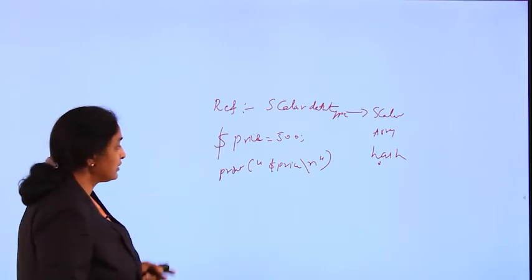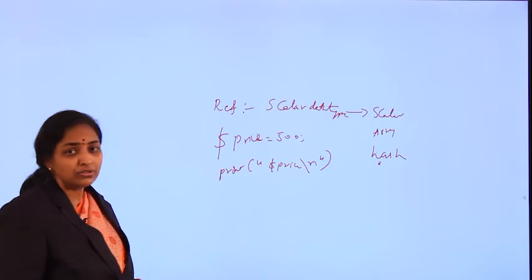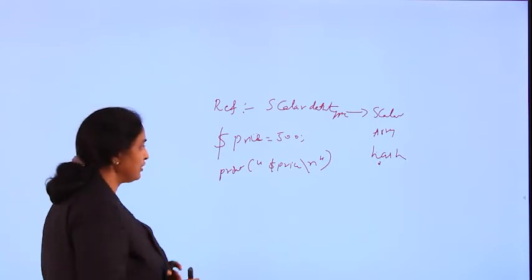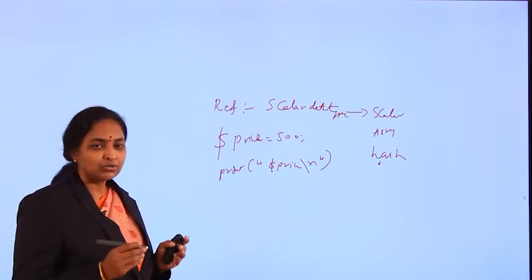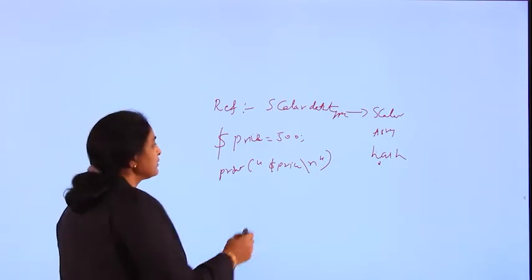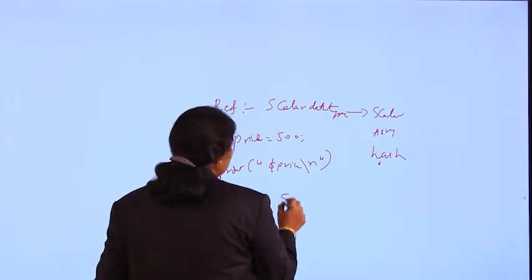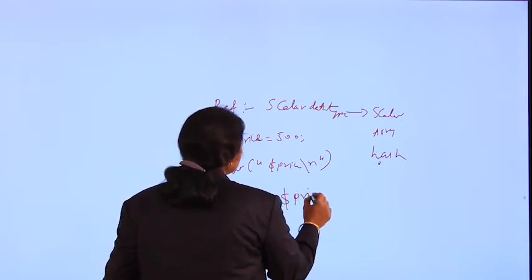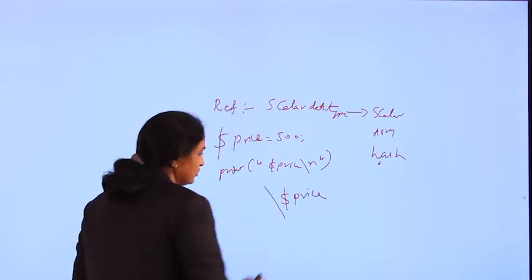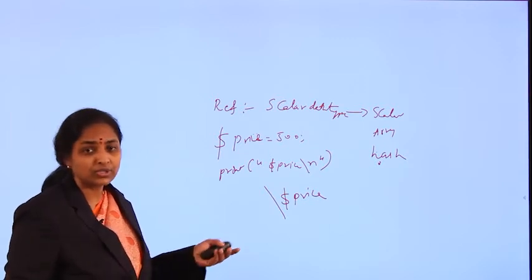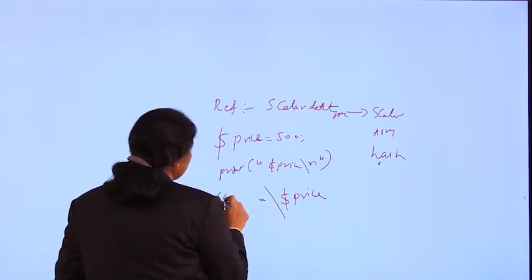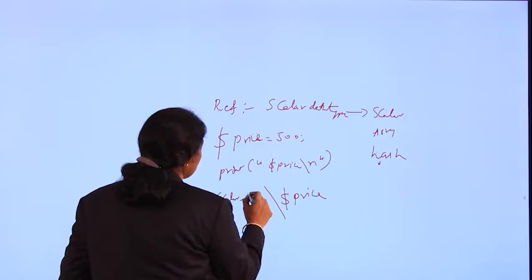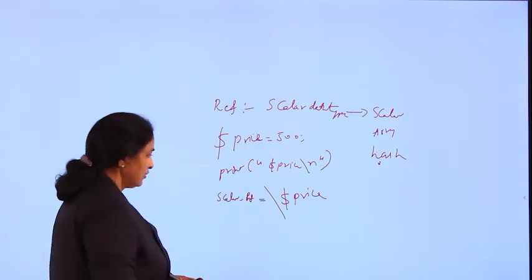Now I want to write the reference. A reference is nothing but a memory location. So how to create the reference? Simply, your variable must be preceded with a backslash. So let us say I have created a scalar reference here.